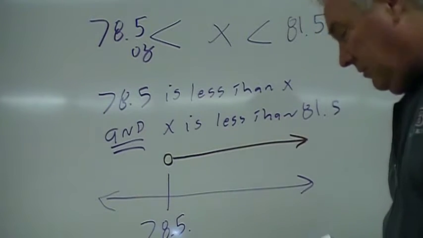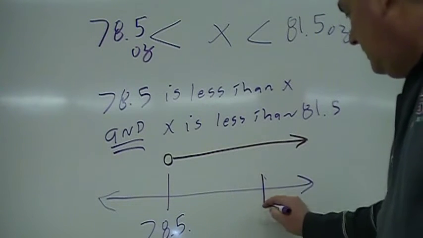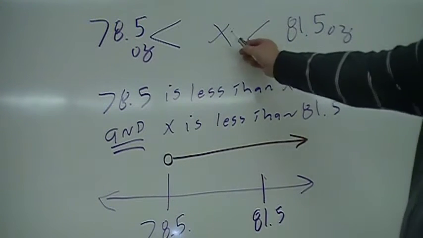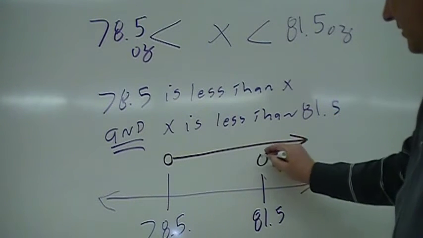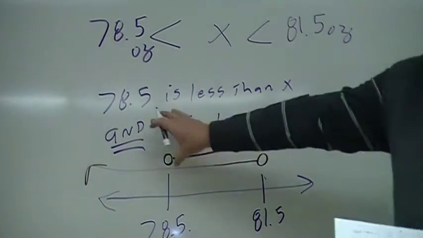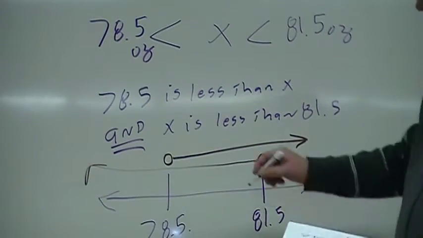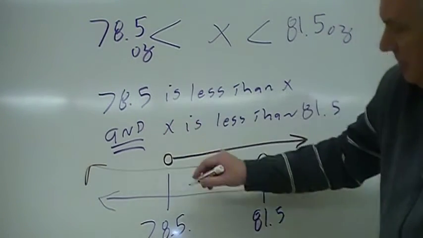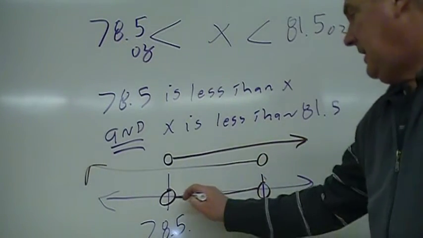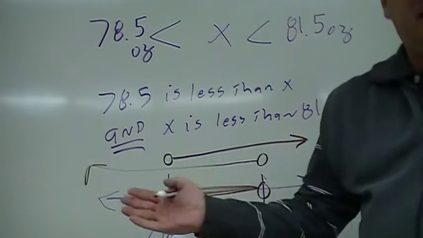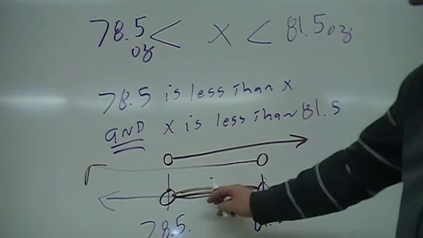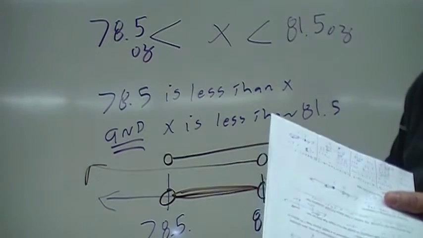Now, the other one is 81.5. X is less than 81.5. That's an open circle there, and that's everything this way. The solution is "and." What goes into both? So, the answer to this problem becomes this. Open circle, and it's everything, I repeat that, in between. And this is what our graph looks like. It's what covers both.